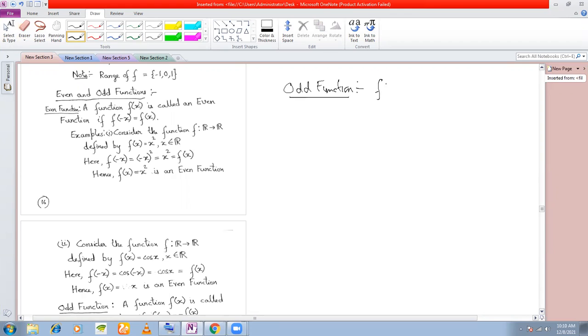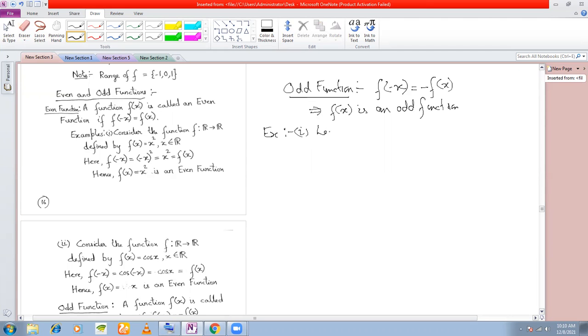Now if f of minus x is equal to minus f(x), then we say f(x) is an odd function. Okay. Examples.